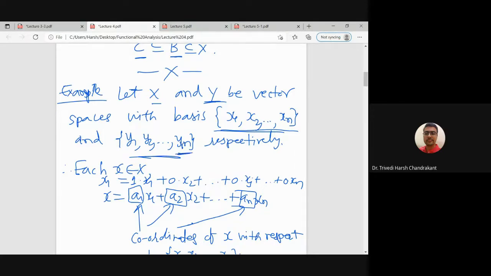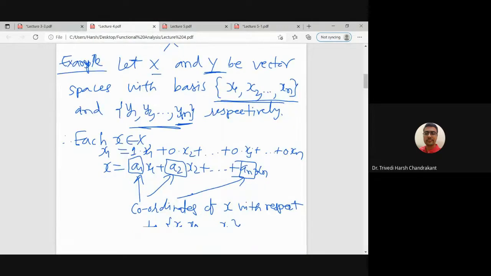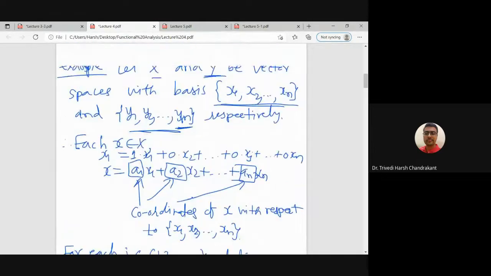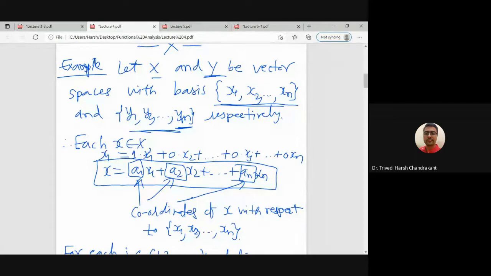Every x in x we can write as a linear combination of the domain basis, that is x1, x2, xn. So these a1, a2, an are elements of the field. They are the coordinates.